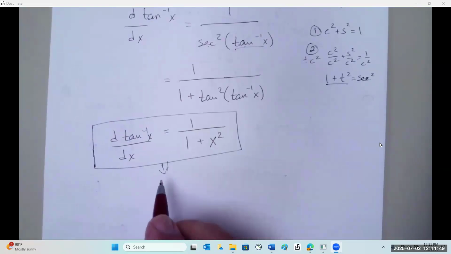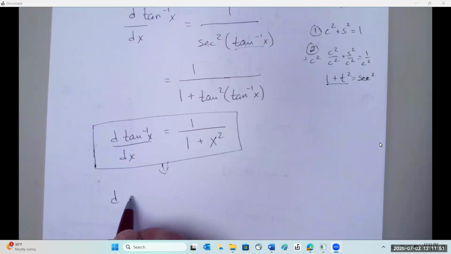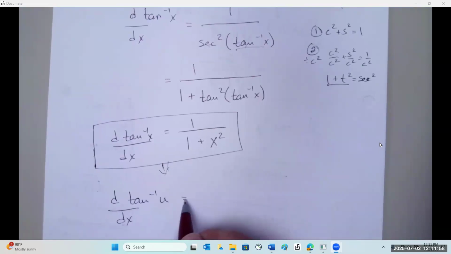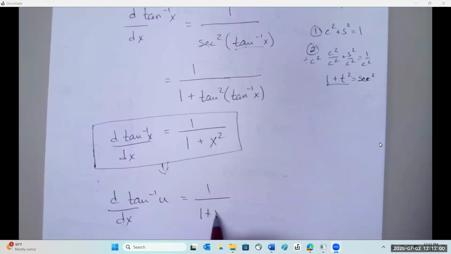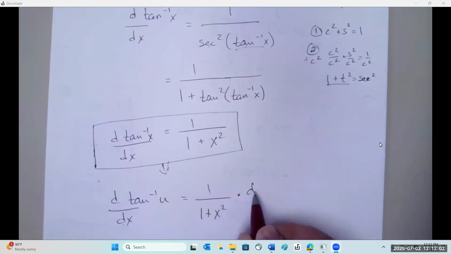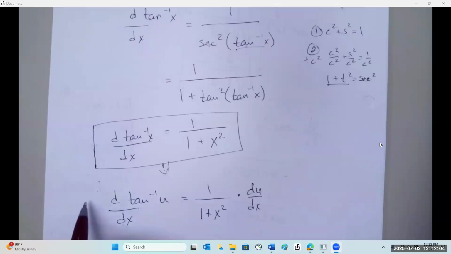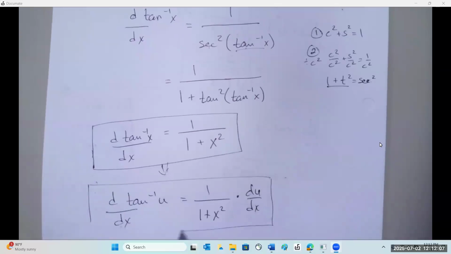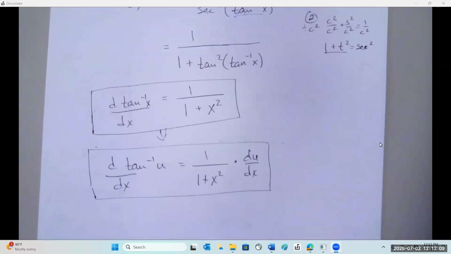And again, the only thing different between the x and the u is we multiply by du dx. That's all we have to add to make it a universal function.